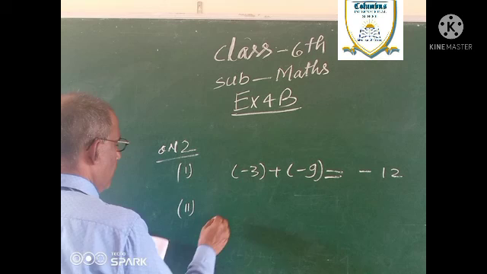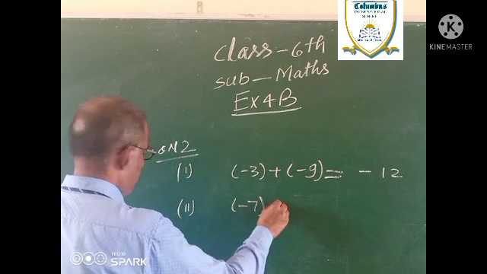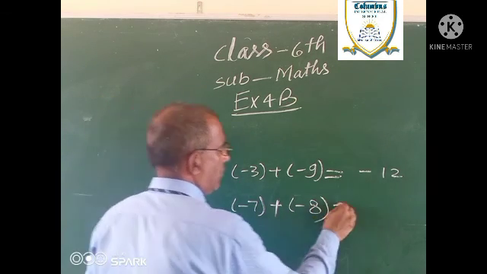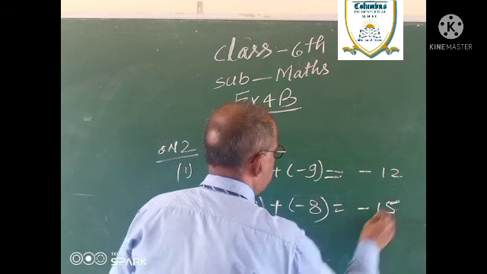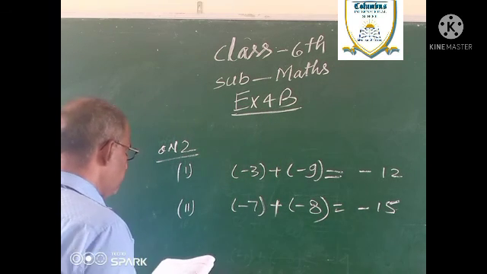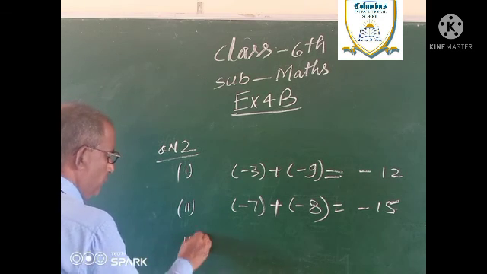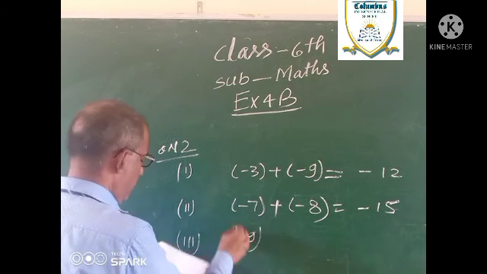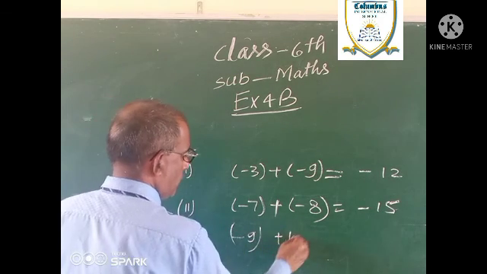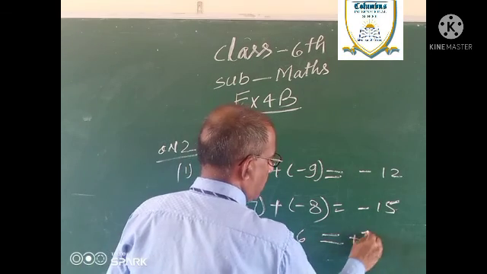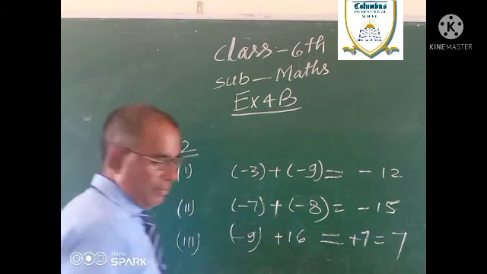Second, -7 plus -8, -15. Third, -9 plus 16. That is plus 7, or we can write only 7.